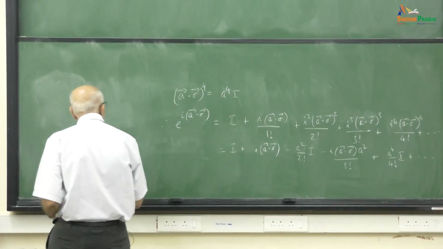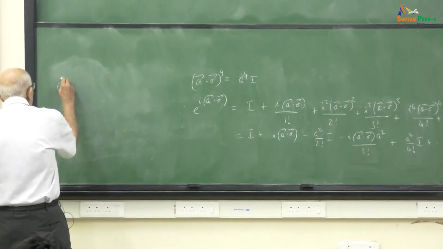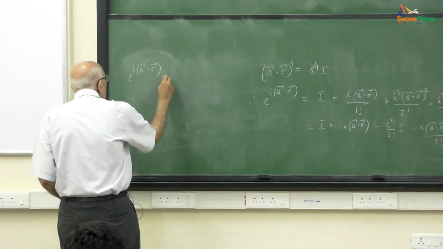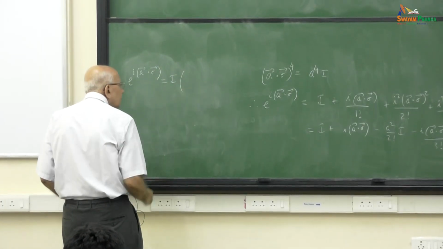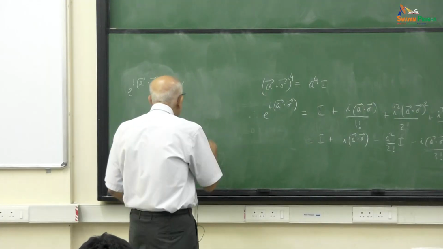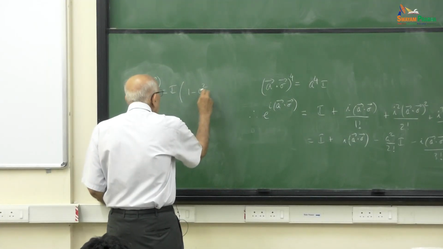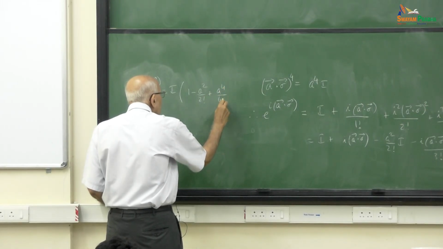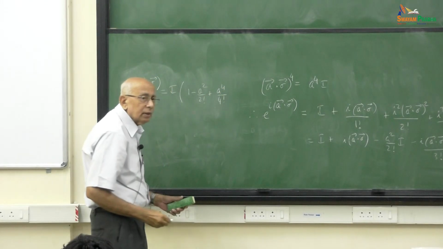So we have our final answer, which is e to the i a dot sigma equal to the identity times, let's pick up coefficients of the identity. There is 1 here, 1 minus a squared by 2 factorial plus a to the 4 by 4 factorial. No medals for guessing what's the next term.